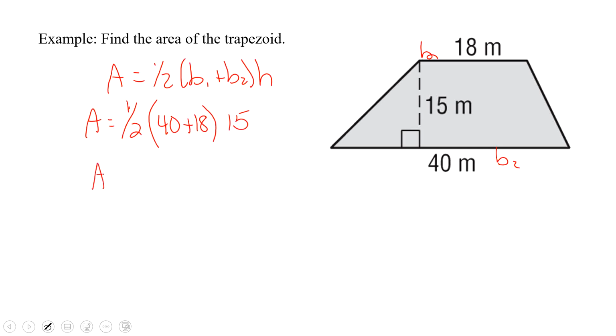So I end up with 1/2 of 58 times 15. Quick math on that tells me my area is 435 meters.